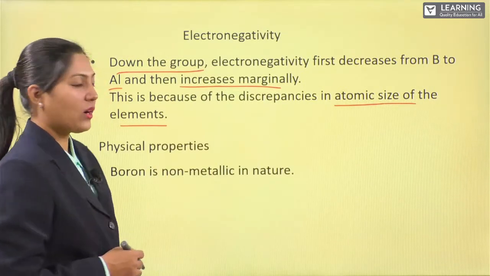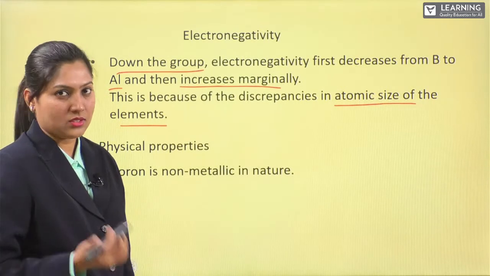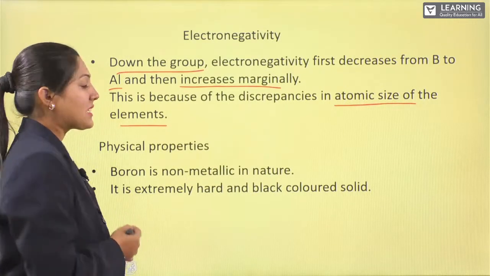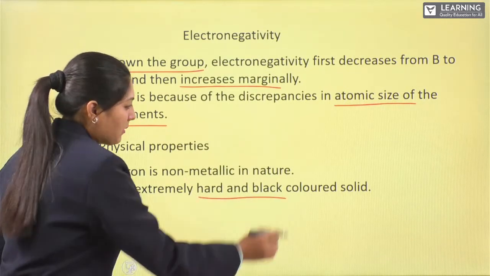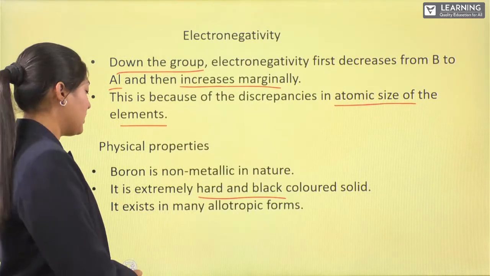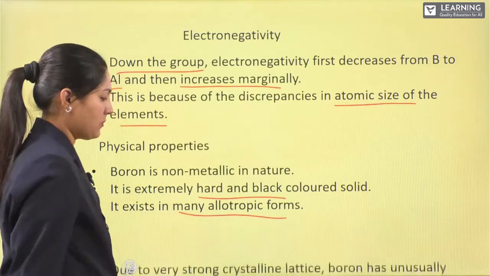Next, coming back to the physical properties. Boron is non-metallic in nature. We are just speaking about boron now. It is an extremely hard, black colored solid, as we just saw in the previous video. It exists in many allotropic forms.